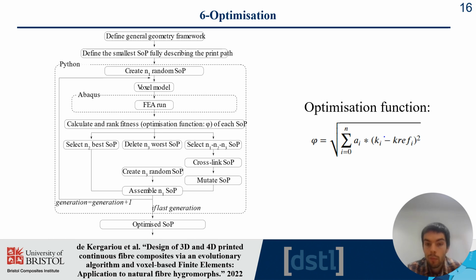And we are playing on the amount of best SOPs selected, worst SOPs deleted, and the ones which were cross-linked and mutated, in order to see how we can converge as fast as possible to a global or local optimum for our optimization. And so we ran this loop several times until we obtained a SOP that we were satisfied with, and we defined a criteria to be satisfied previously to the implementation.